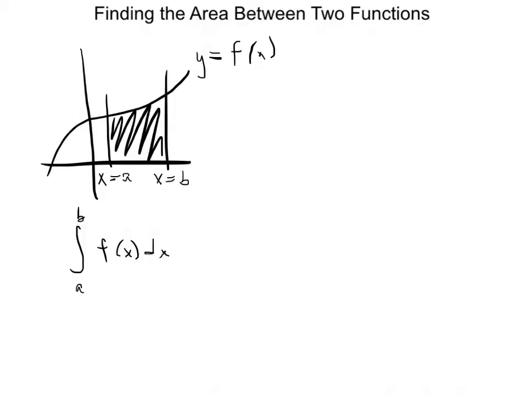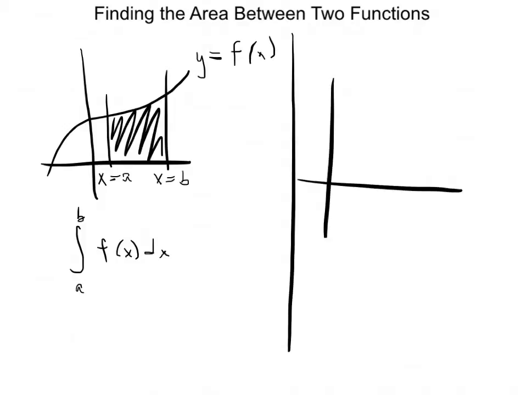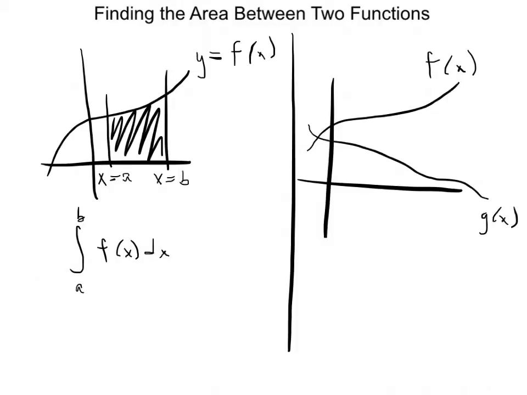And that's all well and good as long as you only want to find the area between your function and the x-axis. But the question we're tackling today is effectively what happens if I've got some function up here, say f of x, and then some other function down here, say g of x, and this time I want to find the area between, let's say, this point of intersection, c, and this line over here, x equals d.